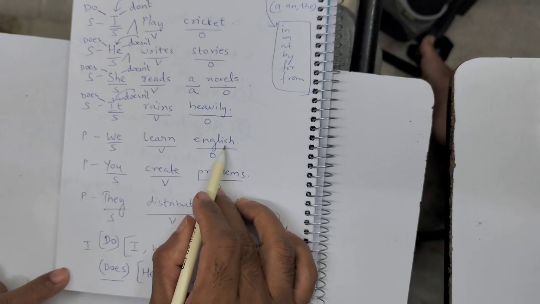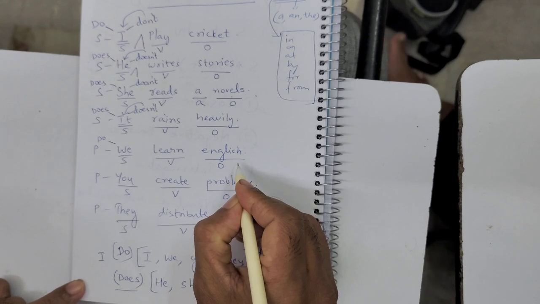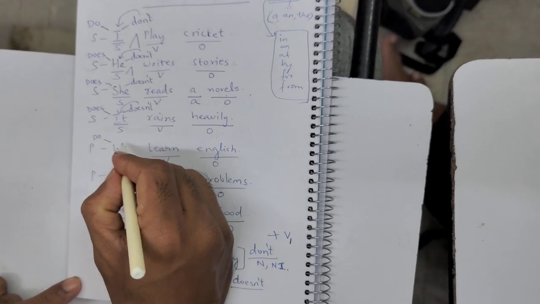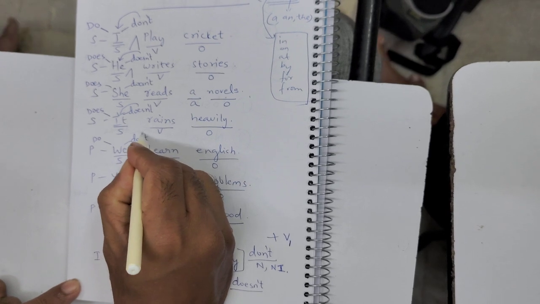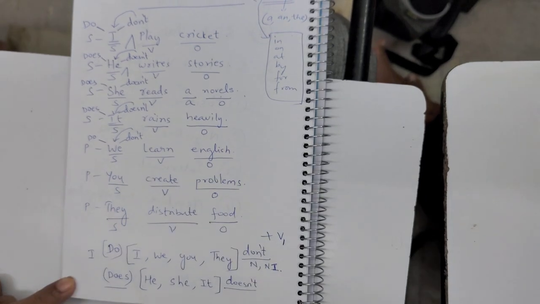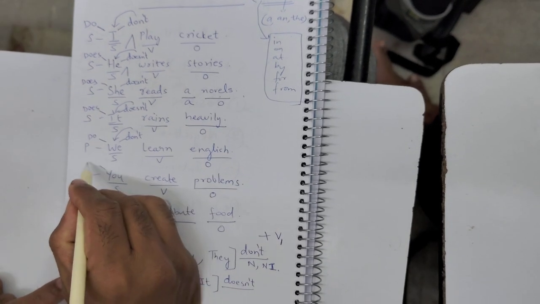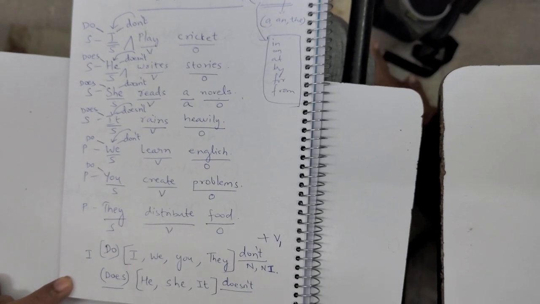Again, we learn English, positive. Do we learn English? Interrogative. We don't learn English, negative. Don't we learn English? Negative interrogative. You create problems, positive. Do you create problems? Interrogative.